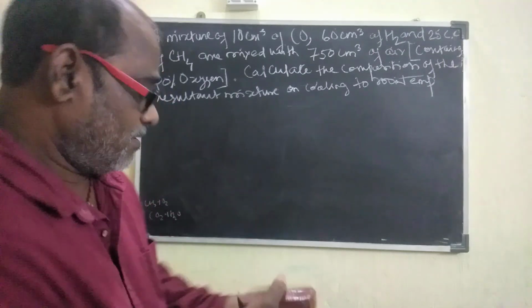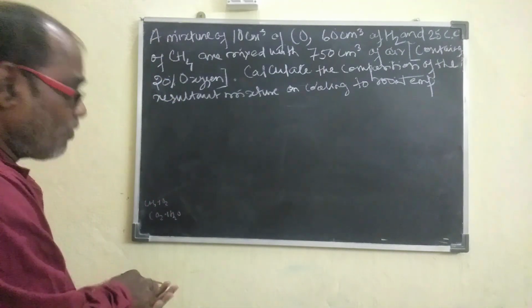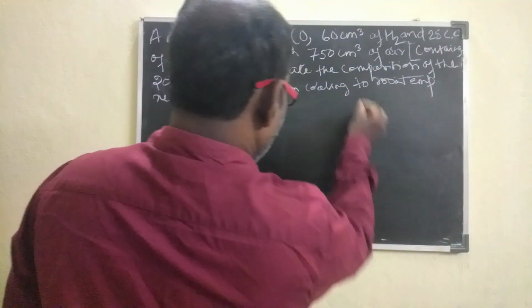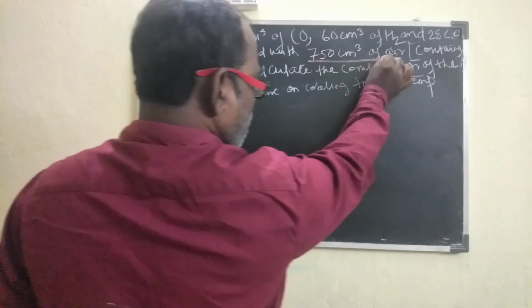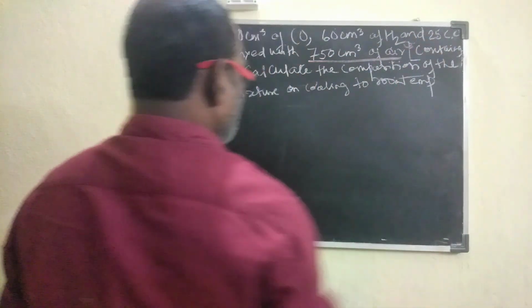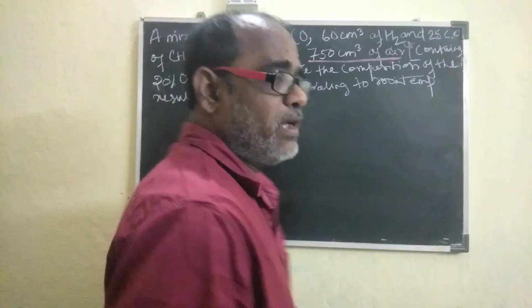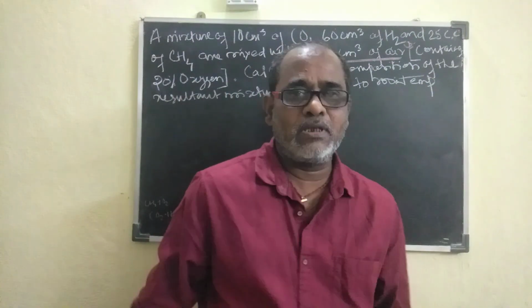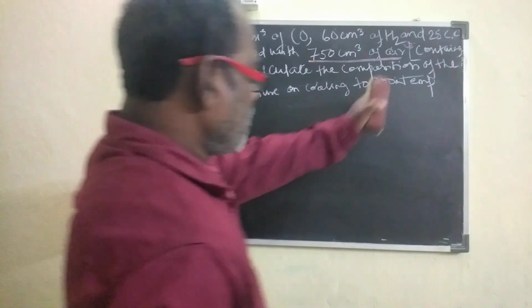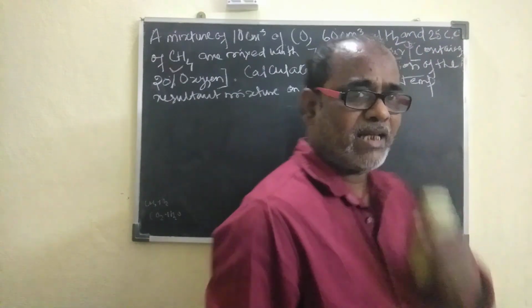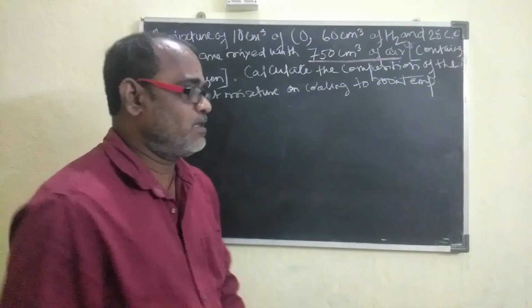In this question, when you read the question, first try to underline this. 750 centimeter cube of air is written here. That means air is considered a mixture of nitrogen and oxygen, and here 20% is oxygen. That means how much volume of oxygen can we get? First we have to find it out.